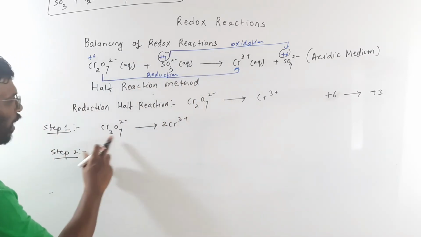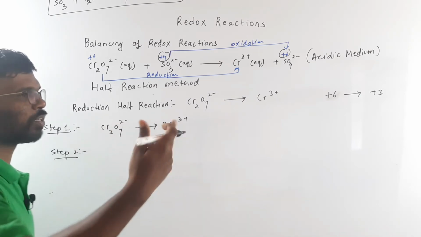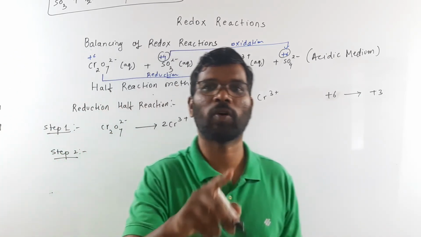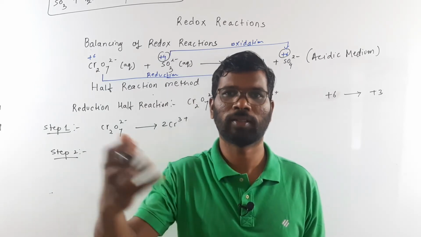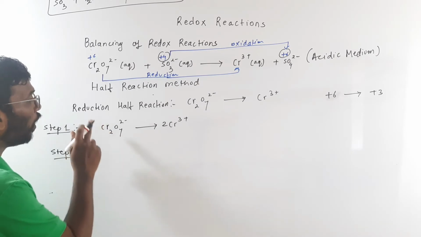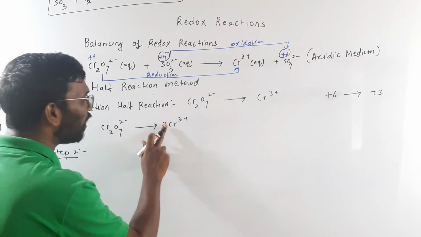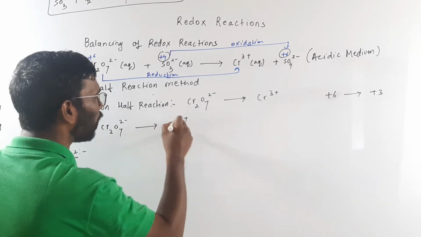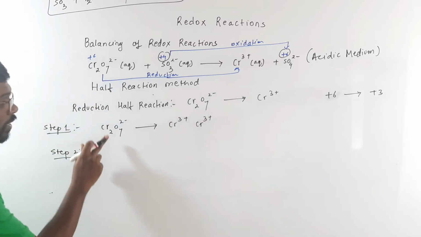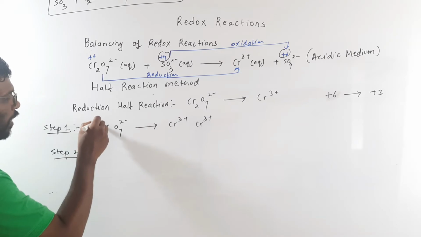But here there are 2 chromium. Whenever we talk about an oxidation state, it is on 1 atom, remember, and not on 2 or 3 atoms. So here the oxidation state of 1 chromium is +6, and the charge on 1 ion is +6. If I write the chromium this way, instead of 2 chromium I am writing Cr3 plus, and this Cr which is there I am writing independently, and this is in 0.